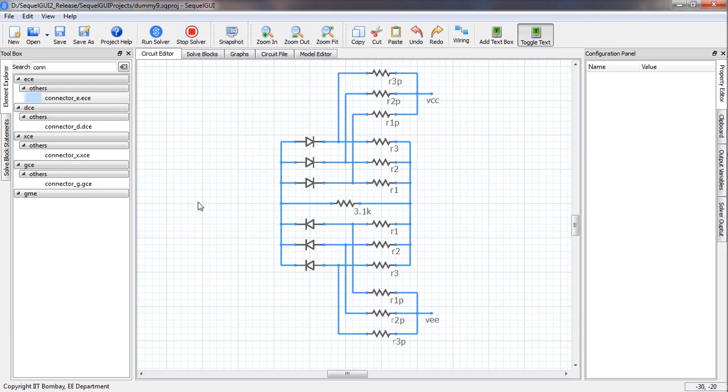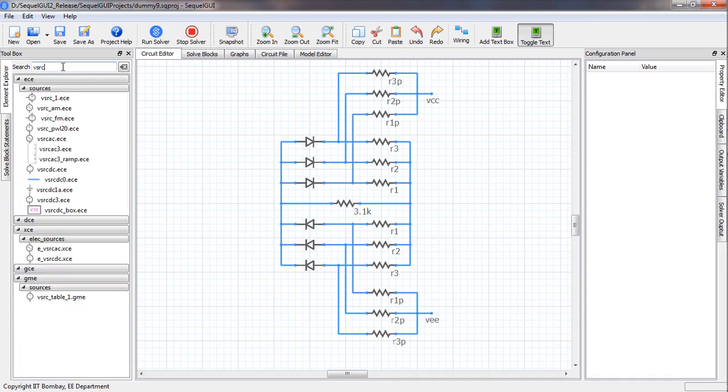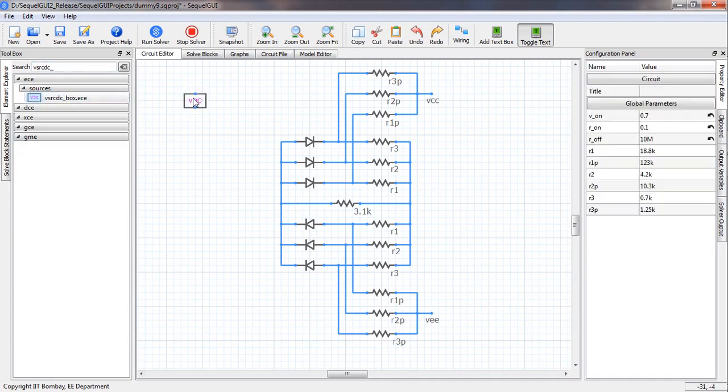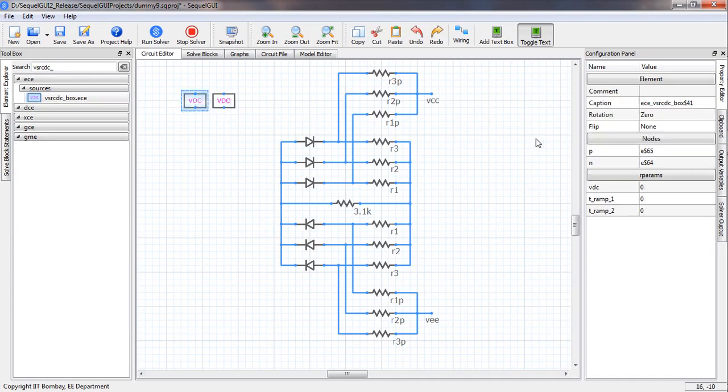And we will do that with a DC voltage source, and that is called VSRC DC box. It's called box because it looks like a box. We need two of these, and we will make one of these the VCC source and the other one as VEE source.